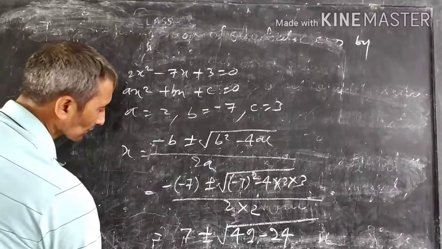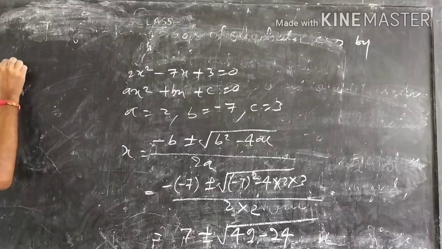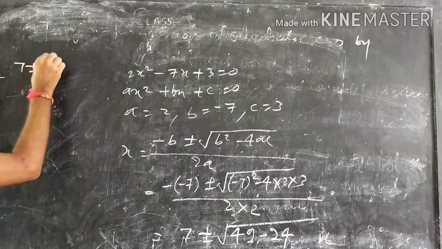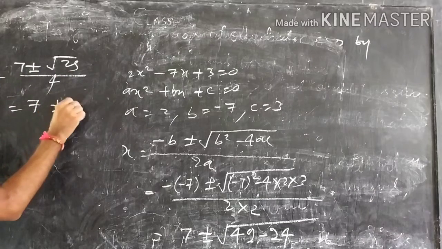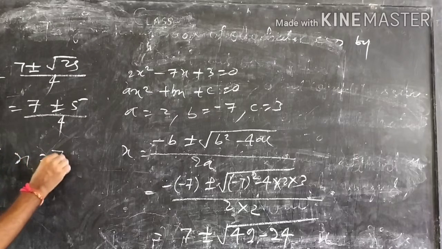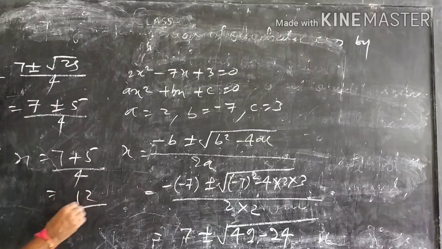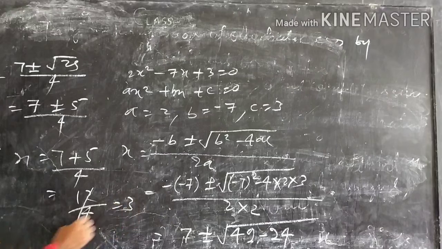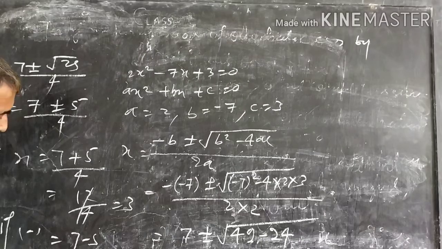And this is here x, 7 plus minus root of 25 by 4, this is 7 plus minus 5 by 4. Taking the positive value, x is equal to 7 plus 5 by 4, that is 12 by 4, that is 3. And if taking the negative sign, 7 minus 5 by 4, 2 by 4, that is 1 by 2.